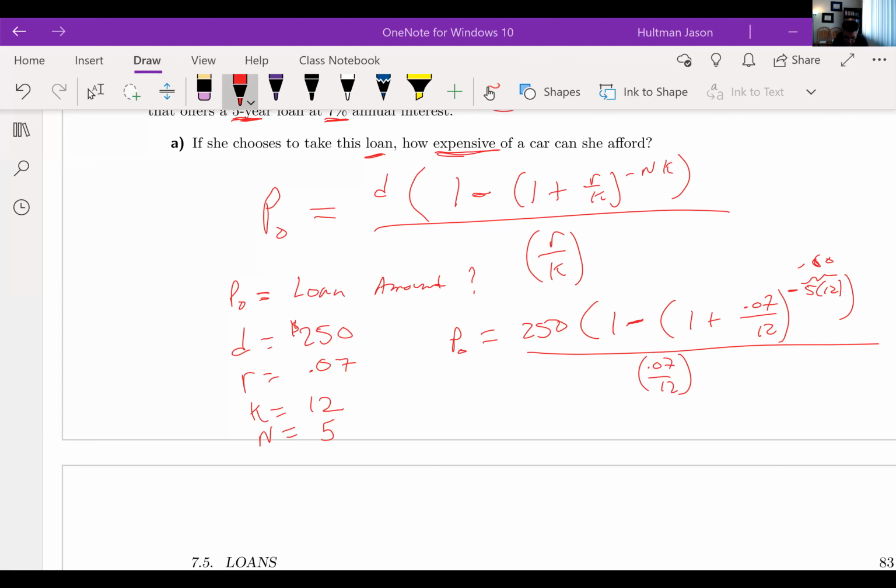And that tells me that she can afford $12,625.50. Okay, that's how much she can take out for a loan.